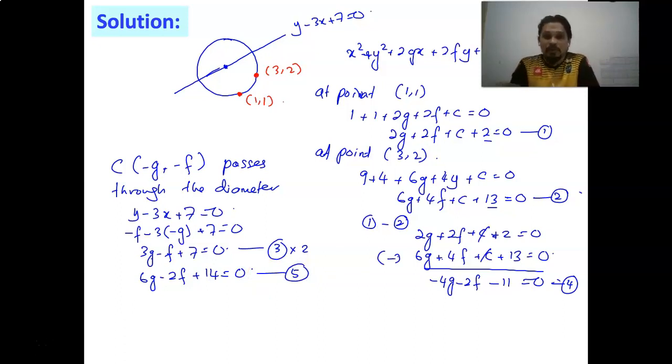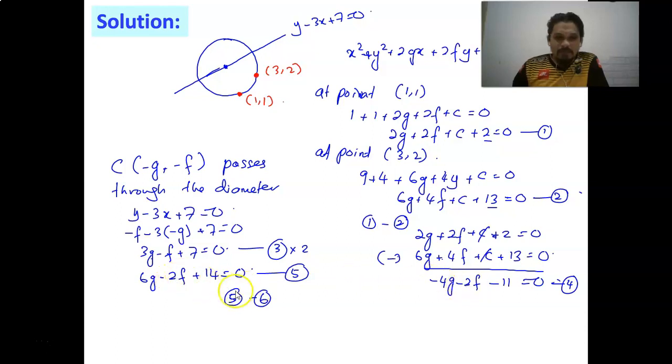Okay, I do hope that all of you understood the step, even though everything on the screen looks miserable. Now equation 5 plus or minus equation 6, because I'm focusing on negative 2f and negative 2f here.